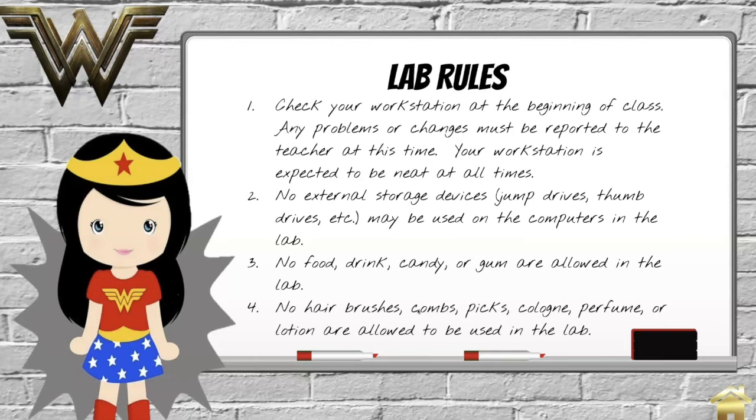Number 3, no food, drink, candy, or gum are allowed in the lab. Number 4, no hair brushes, combs, picks, cologne, perfume, or lotion are allowed to be used in the lab. These things are not allowed in the lab because they can damage the equipment.